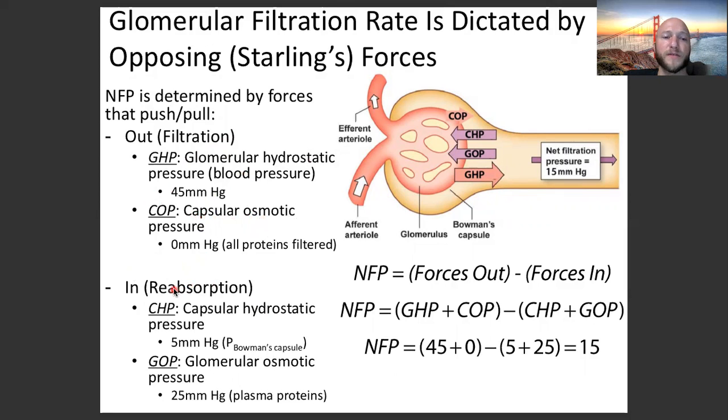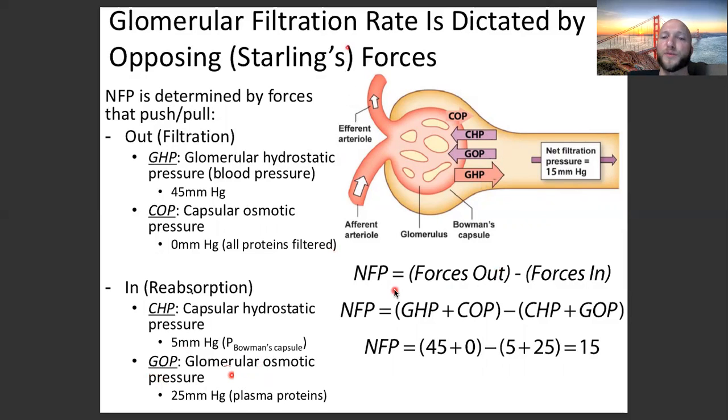Reabsorption forces. We have CHP, capsular hydrostatic pressure. That's the hydrostatic pressure within the capsule. And then we have glomerular osmotic pressure. This is due to plasma proteins, albumins, things like that. Dissolved proteins pulling fluid and keeping fluid in the glomerulus.